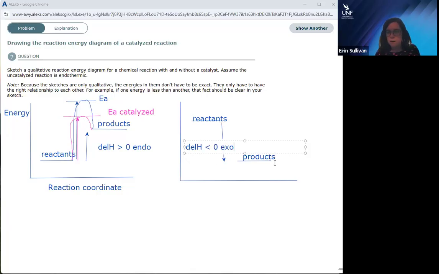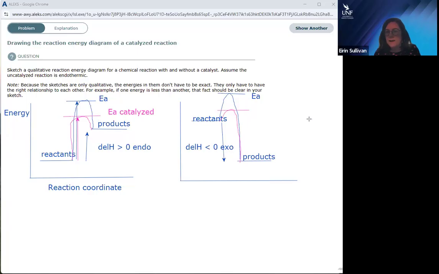However, you will still have a hump in terms of activation energy. Your pathway is still going to look a little something like this. You're still going to have an activation energy barrier, even though the reaction is exothermic, okay? If we have a catalyzed reaction, again, you're going to have an alternative pathway with a lower activation energy, so-so.